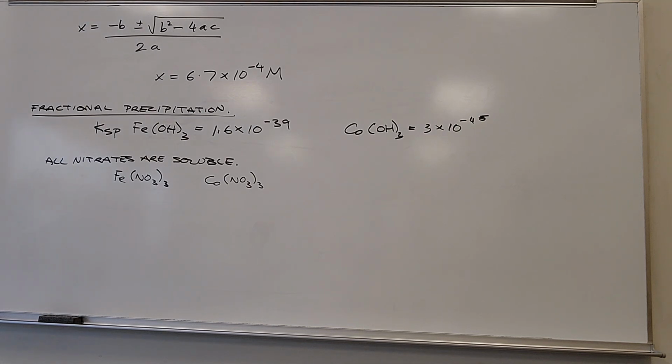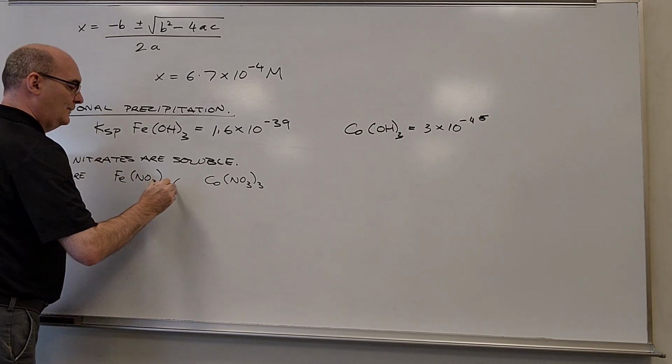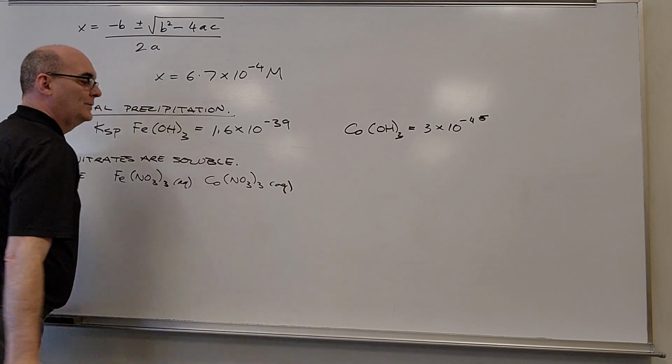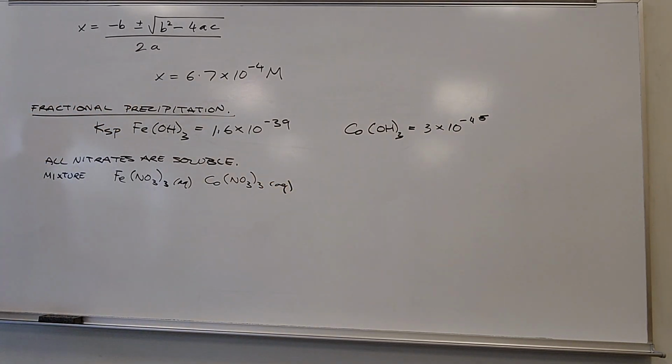I want to separate them from each other. So I have a mixture of this and that, both soluble in water. And you could invent a number. We can put a concentration in here, like 0.1 mole, right?